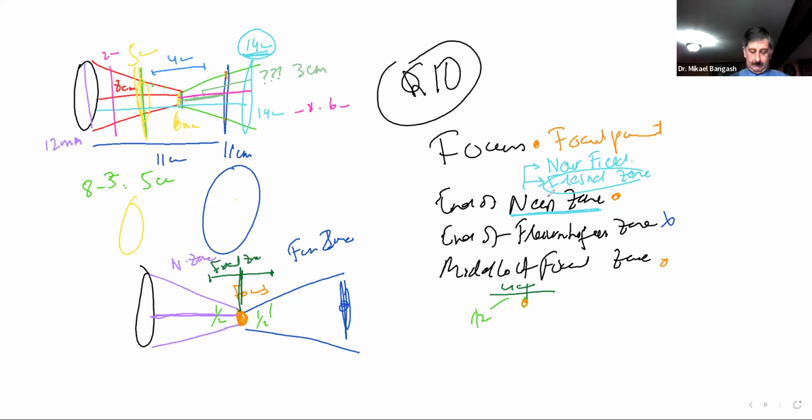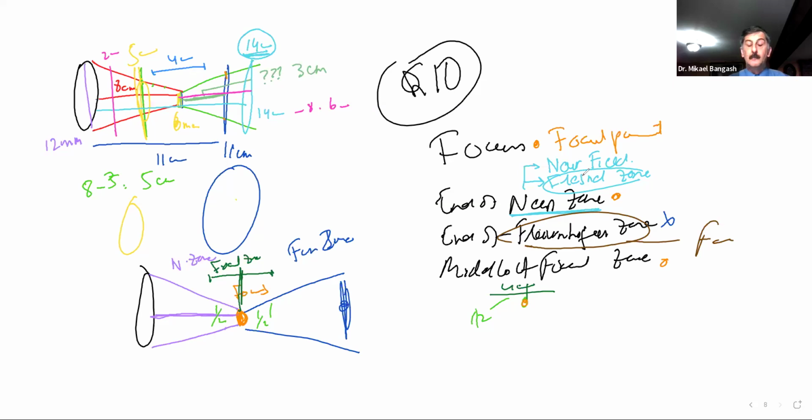Did you guys get that? If you don't know, the Fraunhofer zone was a name for your far zone. You might think of that also being focal point, especially if you're going to confuse Fraunhofer and Fresnel.